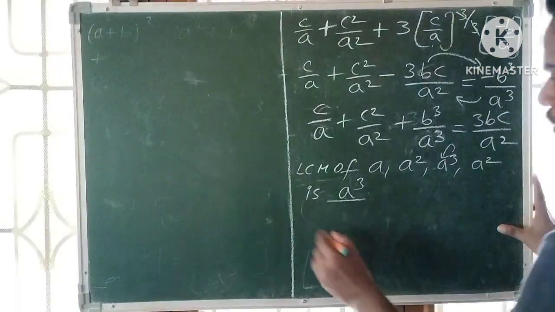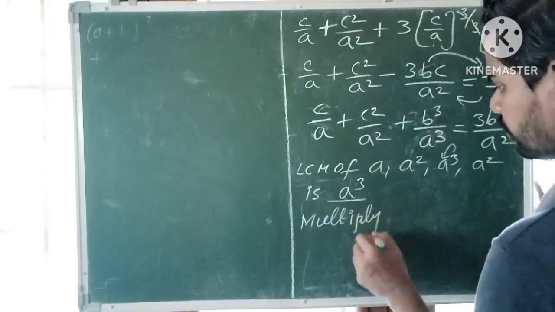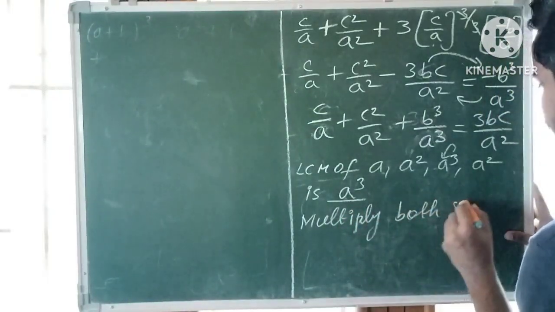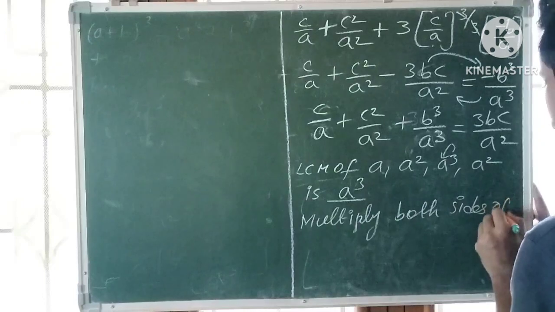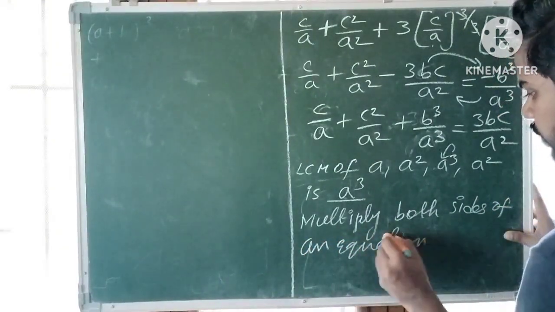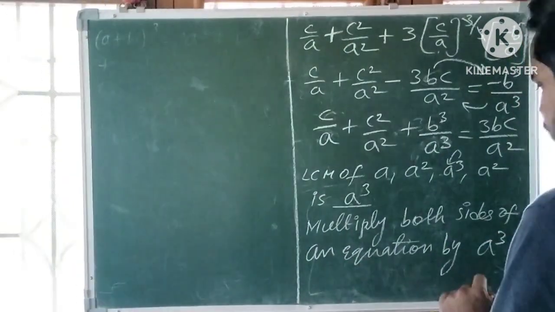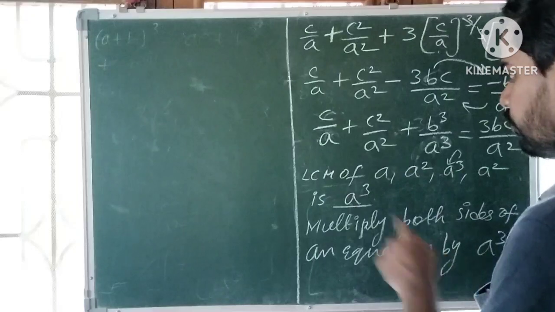Now multiply both sides of the equation by a cube.